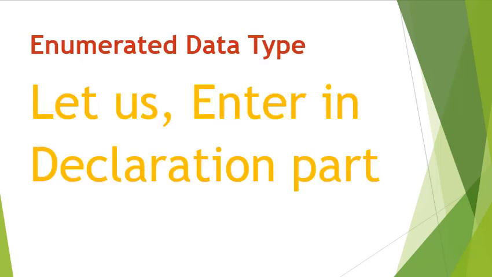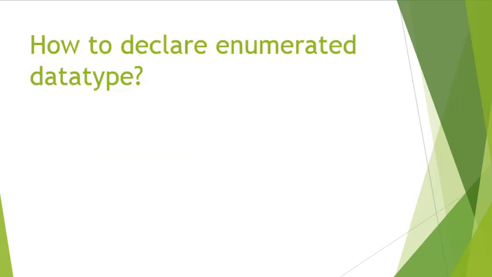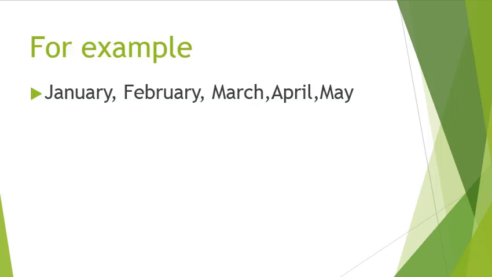Let us enter the declaration part. How do we declare an enumerated data type? Before declaration, we have to decide what data and variables we are going to declare. Here I am going to take the first 6 months of a year and declare these 6 months under an enumerated data type.